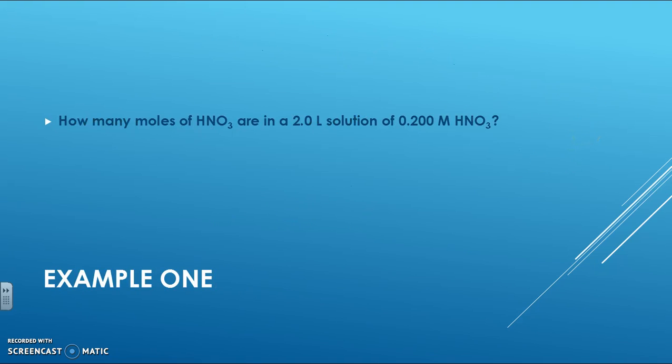Okay, so example 1 says, how many moles of HNO3 are in a 2.0 liter solution of 0.200 molar HNO3? Okay, so we're looking for moles. We know that we have a volume of solution and that this right here is our molarity, and we're just looking for moles. So how would we set this up?